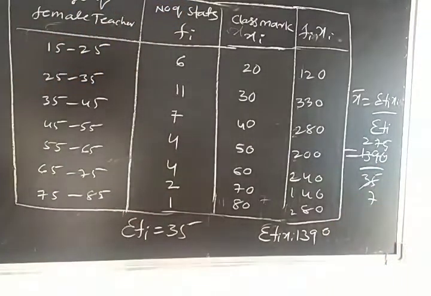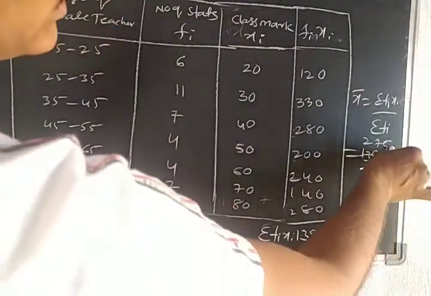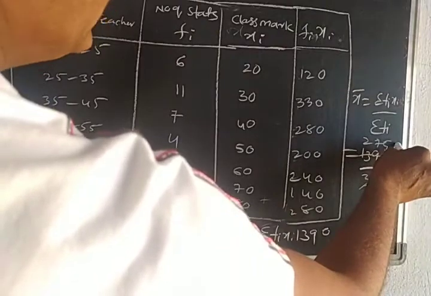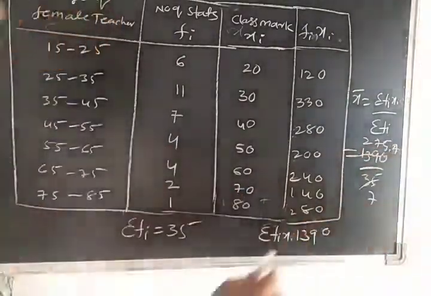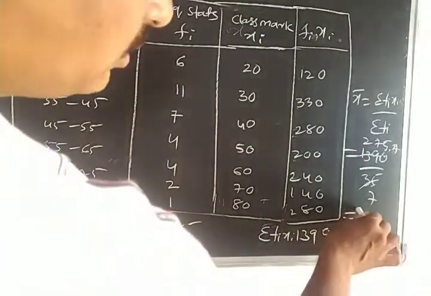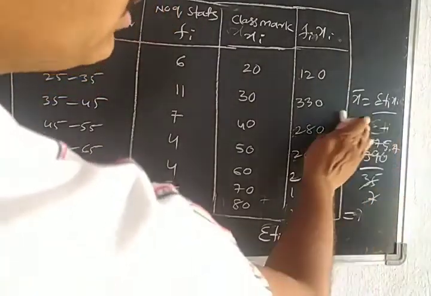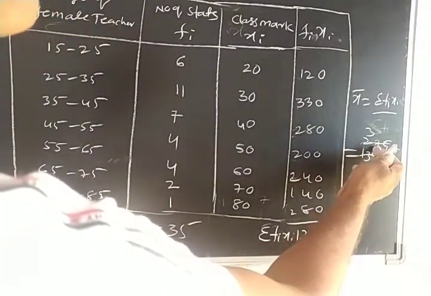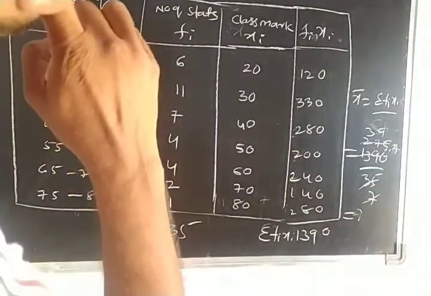Dividing by 7: 7 times 5 is 35, 40 means 7 times 5. Then 7 times 9 is 63.